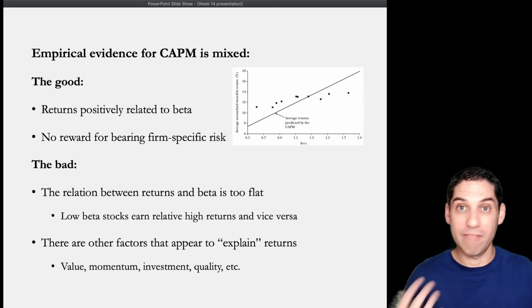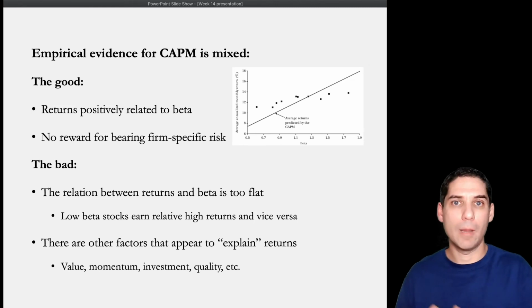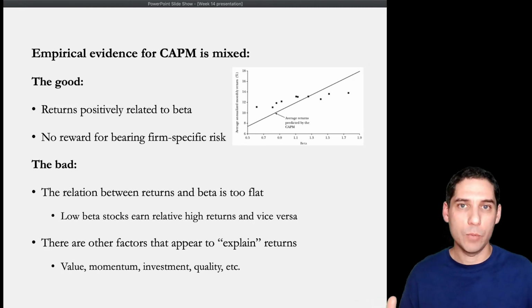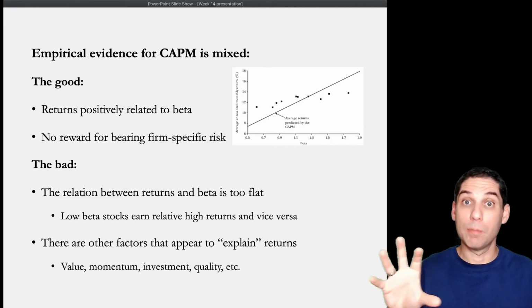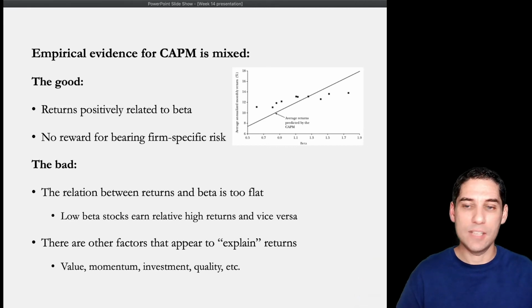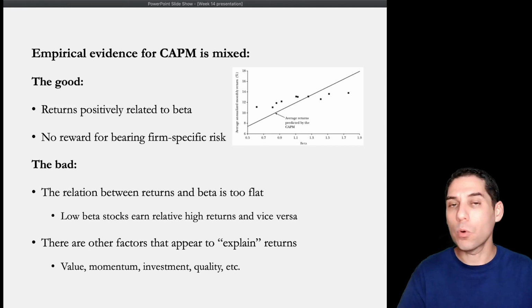So for example, value is a commonly used factor. Remember when we talked about valuation multiples, we talked about those with low valuation multiples, for example, low PE ratios, as value stocks and high PE ratios as growth stocks. So value seems to be an important factor here.